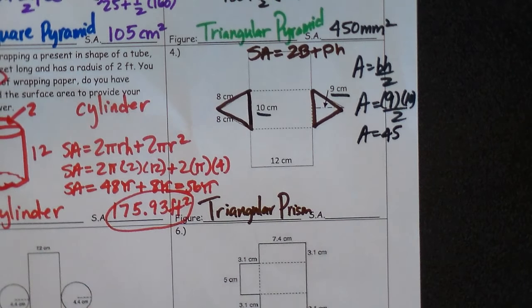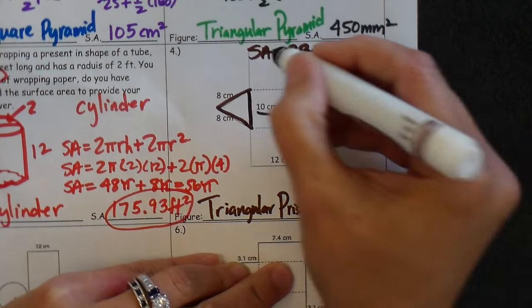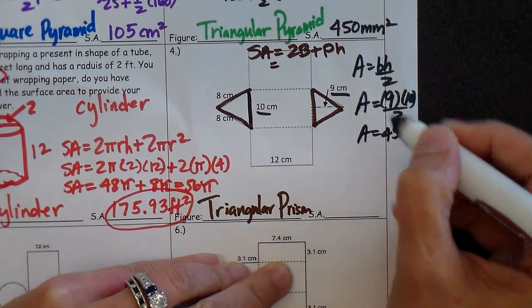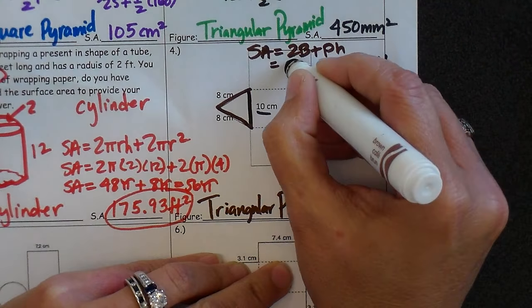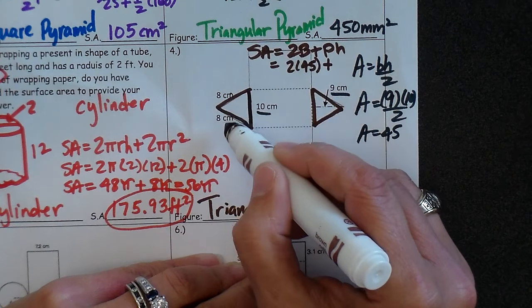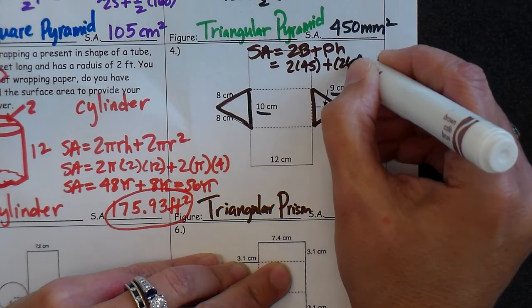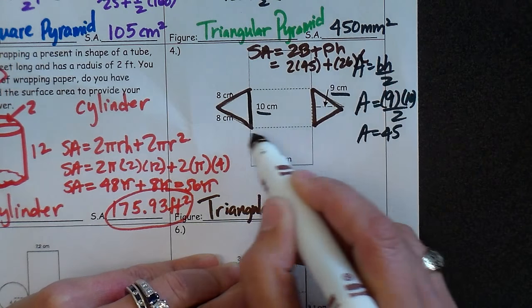So let's go back up to the formula. The surface area is going to be 2b, so 2 times 45, plus the perimeter of my base. Well, my base is 8 by 8 by 10, right? So 16 plus 10 is 26, times the height of my prism.